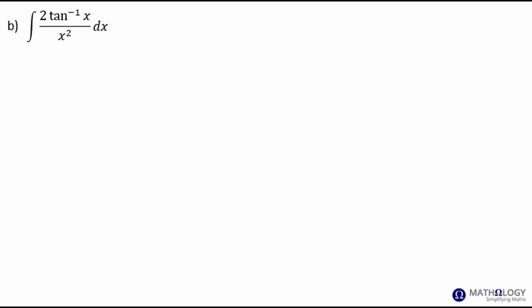In this example, we're going to let u be tan to the minus 1 x, which is also arc tan x. The 2 over here, we're going to pull out because it's a constant.